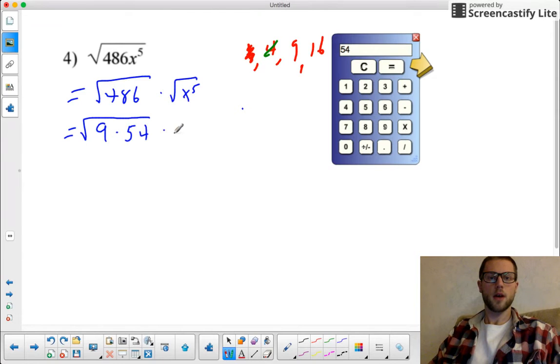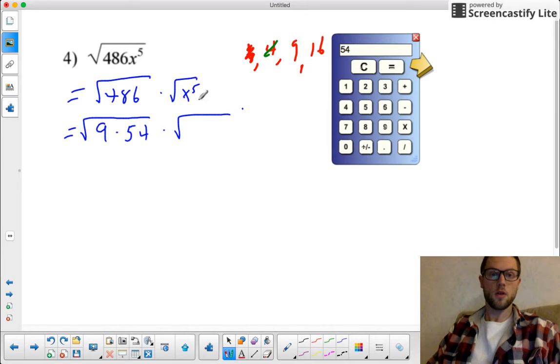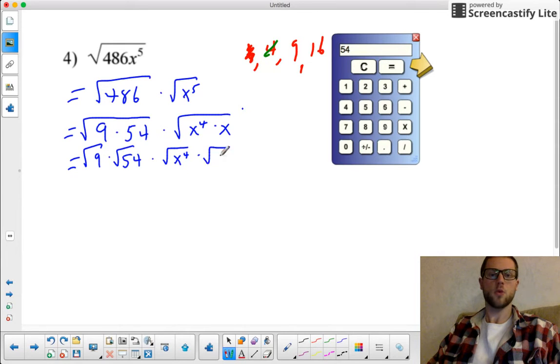And this is times the square root of x to the fourth, my largest perfect square that goes into x to the fifth. So this becomes x to the fourth times x. Let's split this up into the square root of 9 times the square root of 54 times the square root of x to the fourth times the square root of x. All of this, remember, is multiplication.